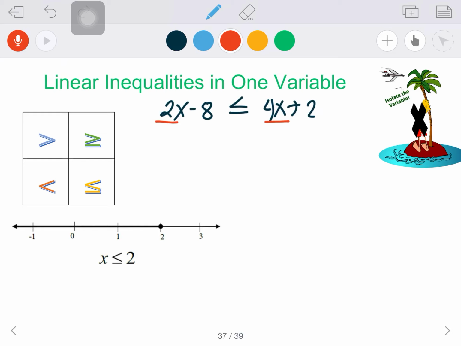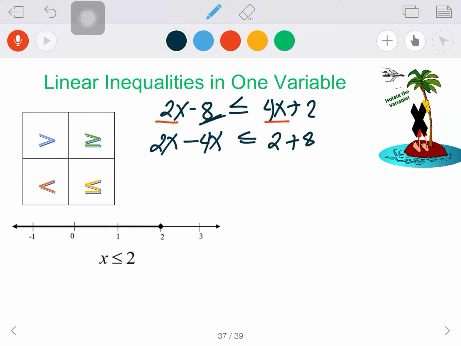So you have to choose when you isolate the variables whether you group them together on the left side or the right side. So let's say you're used to grouping them in the left side. So this will become 2x here minus 4x. And that would therefore mean you have to group all the constant terms on the right side. So this becomes less than or equal to 2 plus 8.